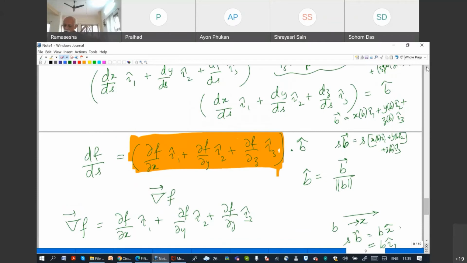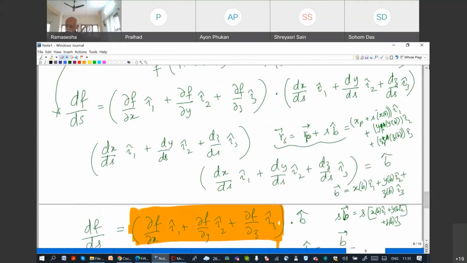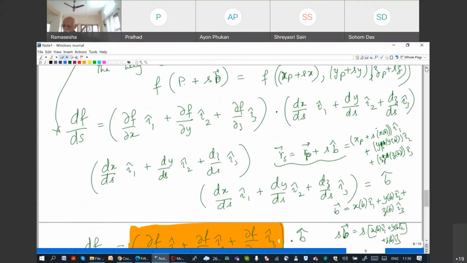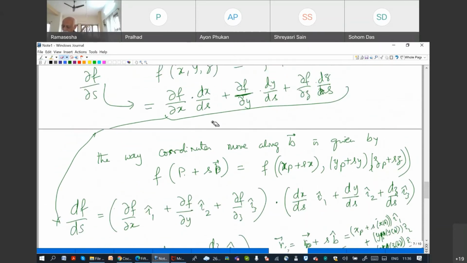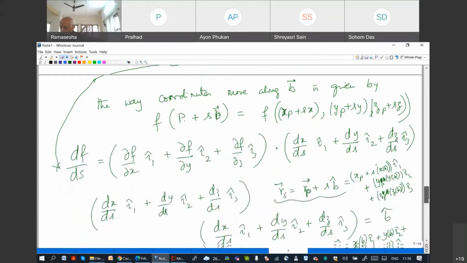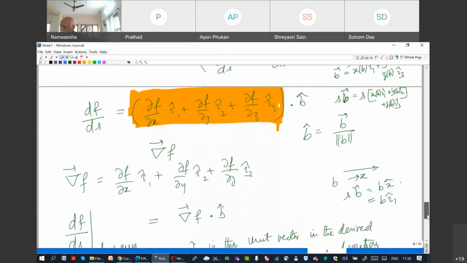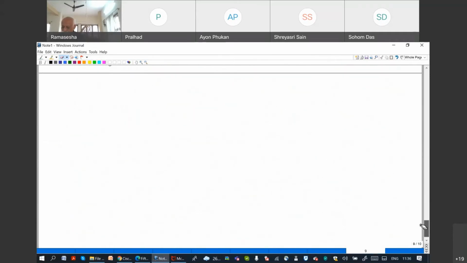Okay, because I showed you that df by ds is actually given by this quantity. So it's as if del f by del x is the ith component multiplied by dx by ds, which is again the ith component. So it is like taking dot products. Do you follow? Yes, sir.